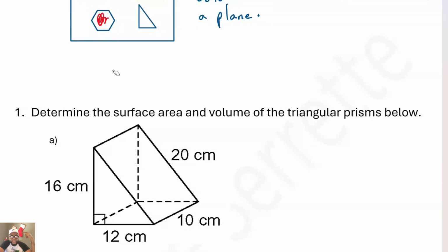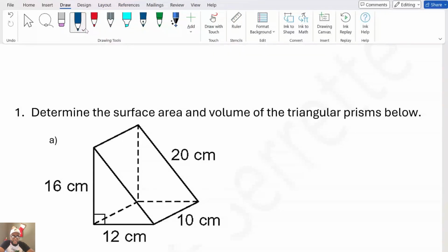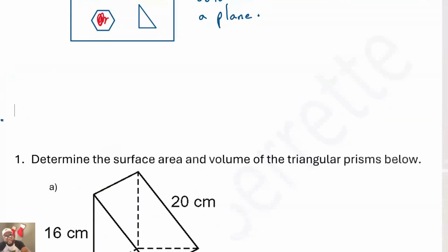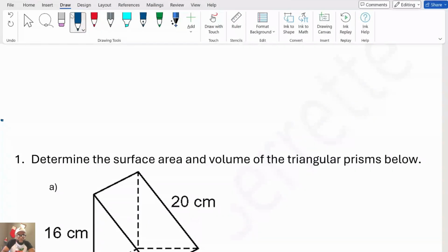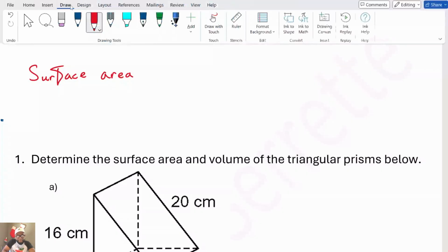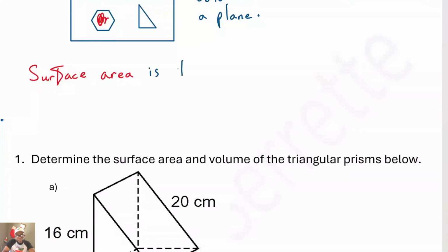So this question here actually wants us to find the surface area and the volume of the triangular prism below. So surface area is very simple. Surface area is the total area of all the faces of a solid.